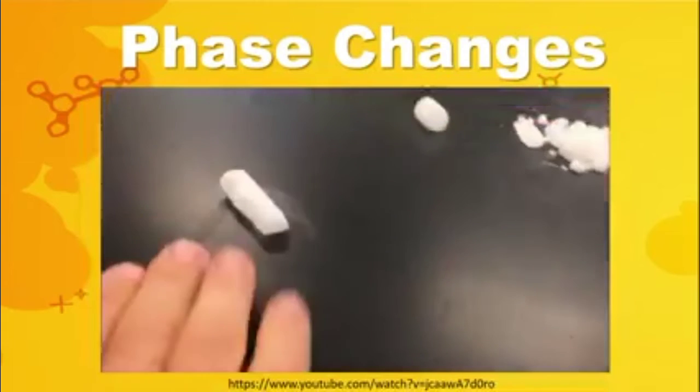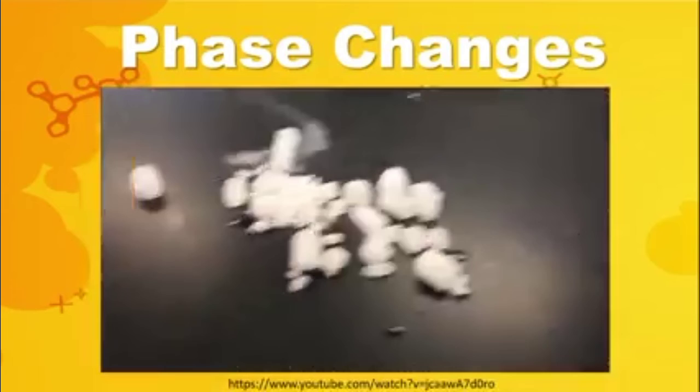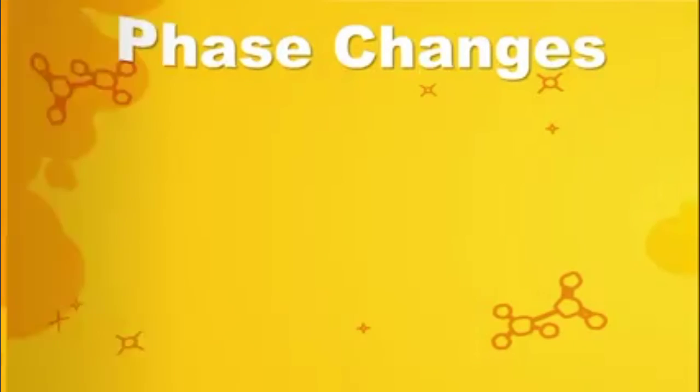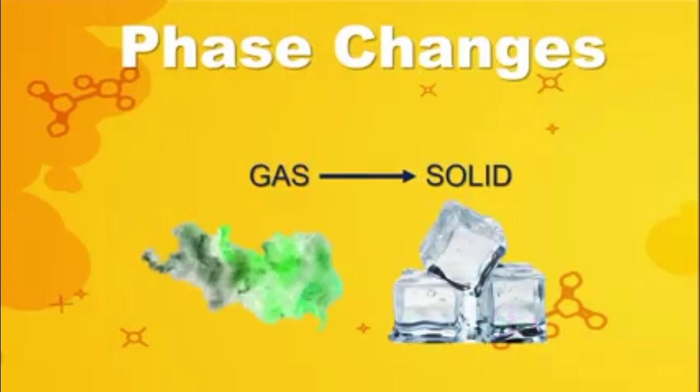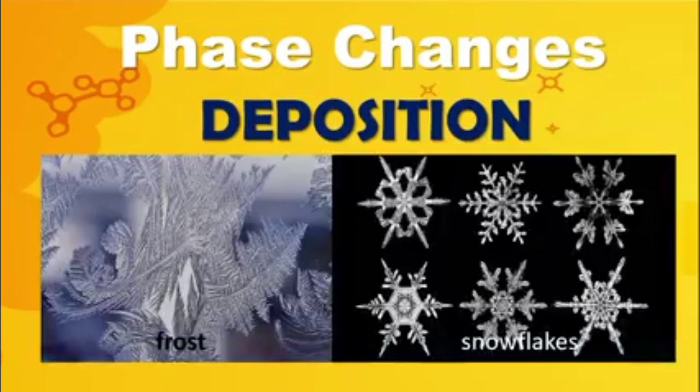Examples of substances that sublime are dry ice, mothballs, solid air fresheners, iodine crystals, and toilet bowl deodorizers. A reverse process in which gas changes to solid without passing through the liquid state also happens. This is called deposition. An example of deposition is when water vapor changes directly into ice, as in frost formation and snowflakes.